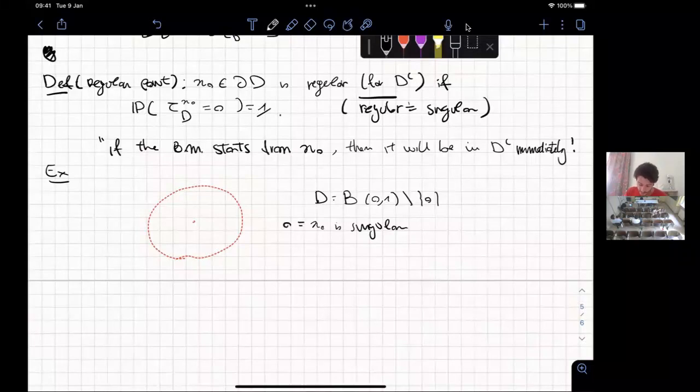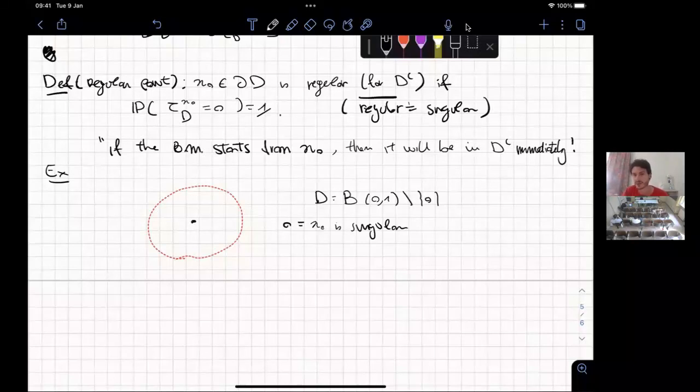And why? Well, if we start from a point in the boundary, because 0 belongs to the boundary of D, then we let our Brownian motion evolve, there is no way to go outside the domain immediately.